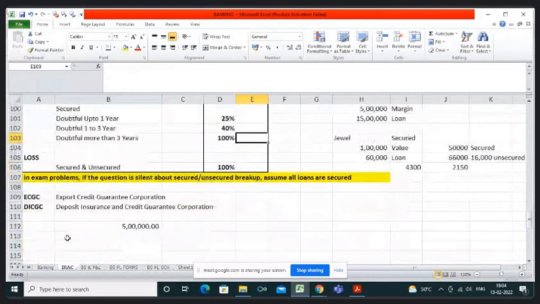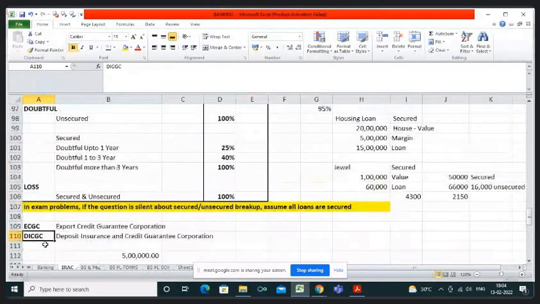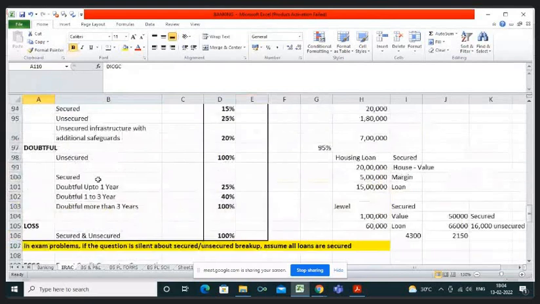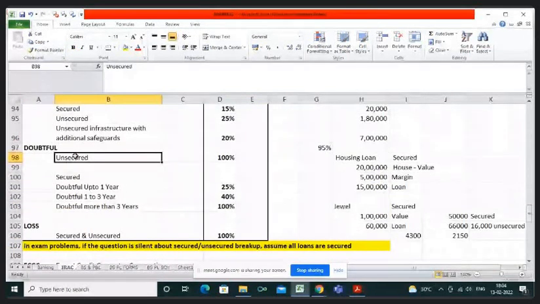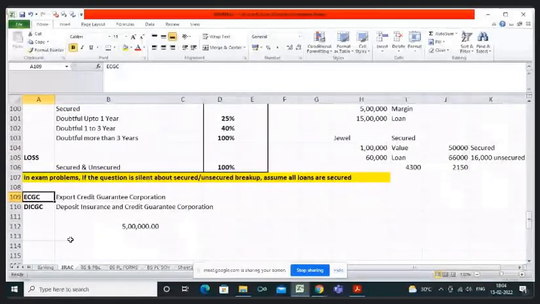And there is something, ECGC and DICGC, we have discussed. There, while classifying secured and unsecured, we have to take care of the portion which is guaranteed by ECGC or DICGC. First, we take the loan amount outstanding. From that, deduct the value of security available. That will be called the secured portion.